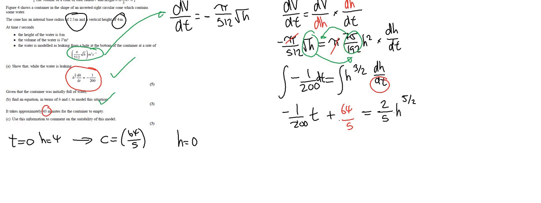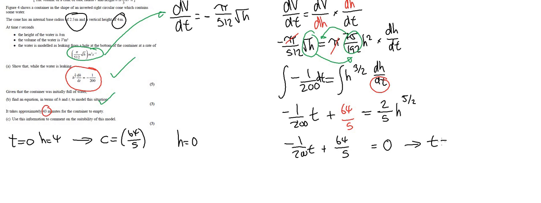So if we do that, this side is just going to be 0. And this side is still going to be 1 over 200t plus 64 over 5. So all I've got to do is rearrange this to work out what t is.